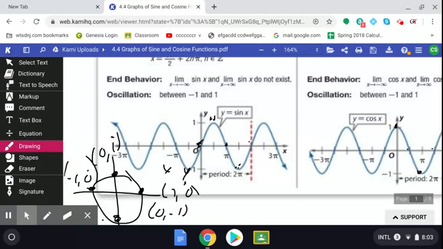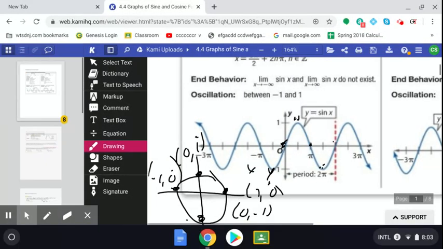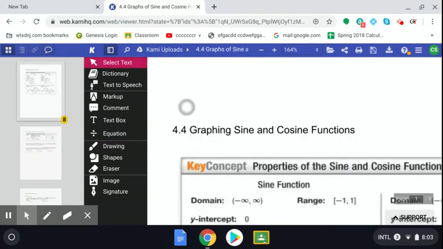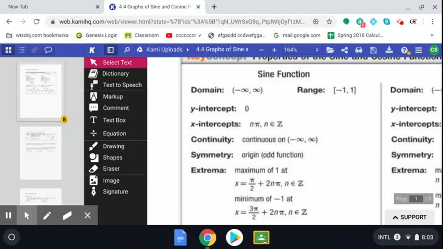So if you're going to be talking about the characteristics of the graph, domain is, you can go from negative infinity to positive infinity. The range is going to be from negative 1 to 1. Y-intercept for sine function is 0. X-intercept is going to be pi times n, n being an element of Z, so an integer, essentially.